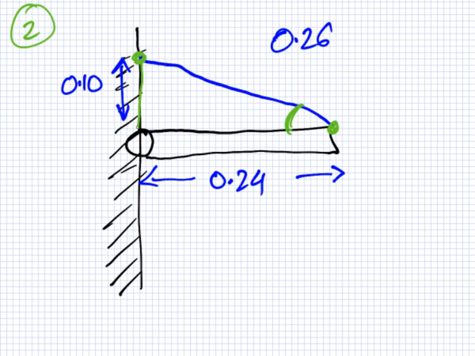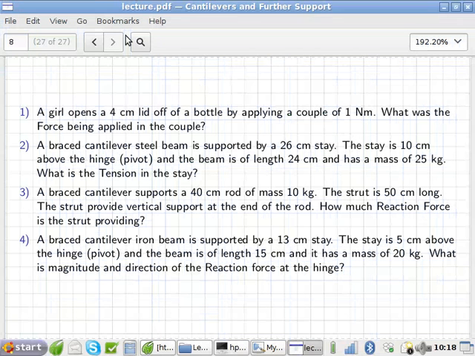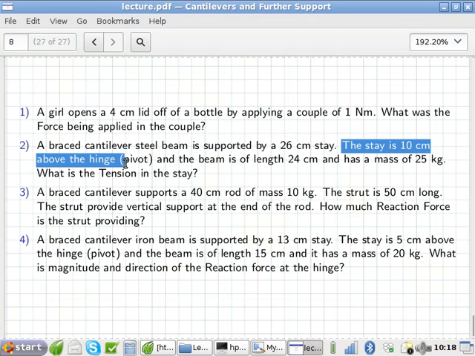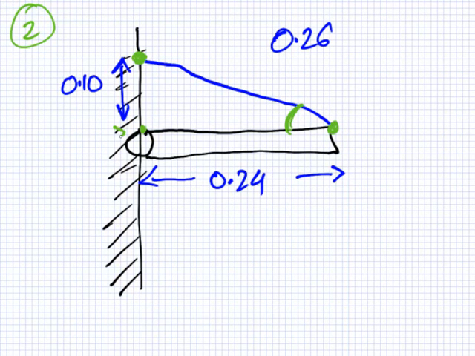You thought this was the wire? I said the wire is 10 centimeters above, meaning it starts here. The stay is 10 centimeters above the hinge. Where is the hinge? There's the hinge. Right. Tan inverse 10 over 24.